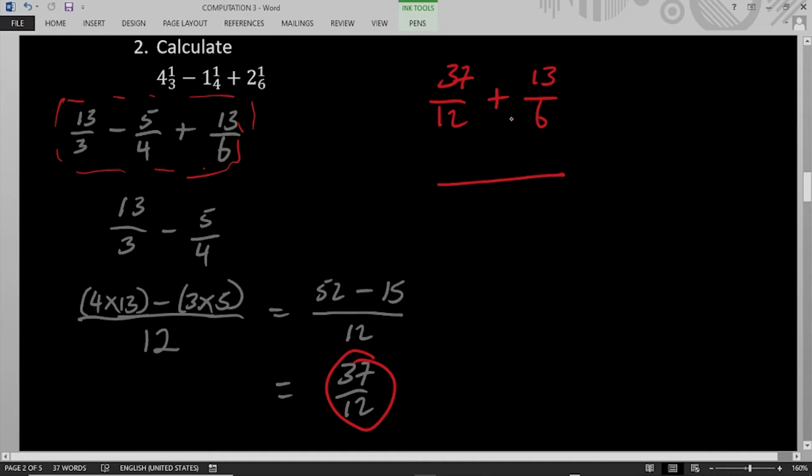So we have 12 and 6, the LCM is 12, because 6 is a factor of 12 and 12 is a multiple of 6, so the larger number is the LCM.